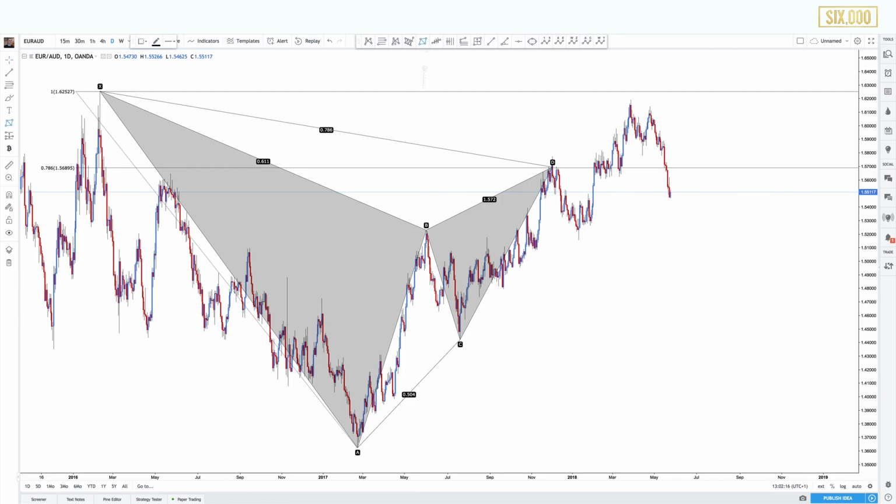In this trading situation, we wouldn't have entered at the D point just because this additional measurement that we've not defined yet actually completes around about this area here. So our entry point would have been around about this area. And this is more advanced harmonic trading, as I mentioned in day 9, 10 and also 11. What we're really looking at just now is just these ratio measurements. We're getting into the habit of spotting these M&W structures in the market, and we're looking for precise ratio measurements.